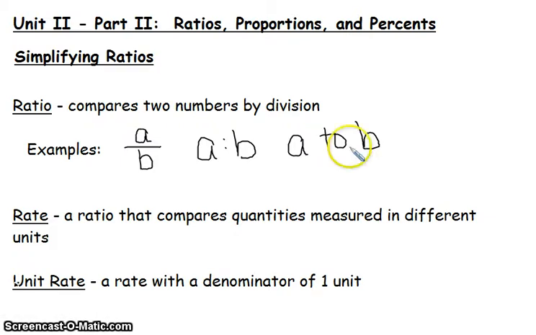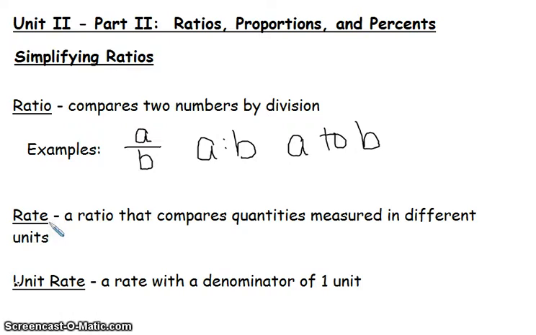Now another definition that you see there is rate, a ratio that compares quantities measured in different units. So when we talk about rate, hopefully one thing that you think of is miles per hour. That's a rate that everyone deals with every day when you are driving, or even if you are in track, you're going to talk about your rate or your speed. And then unit rate is a rate with a denominator of 1.